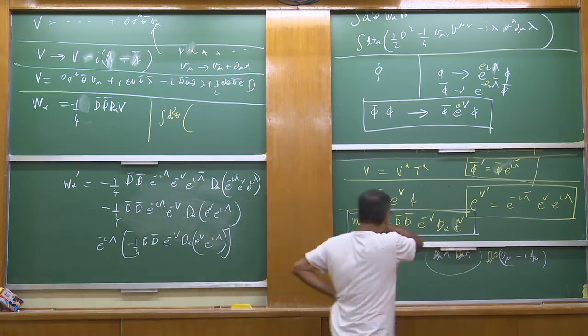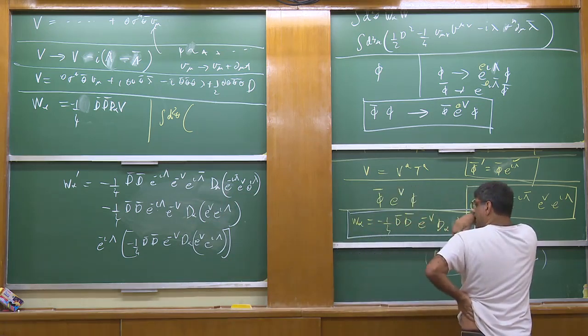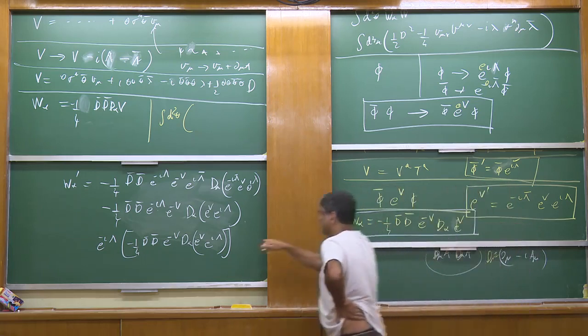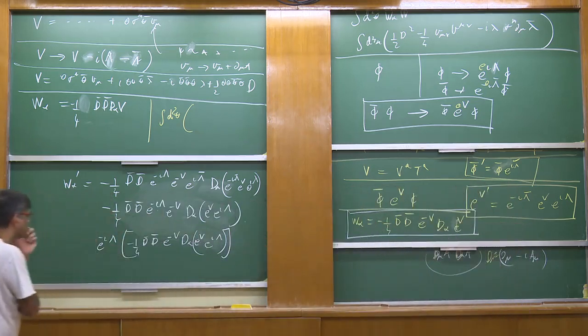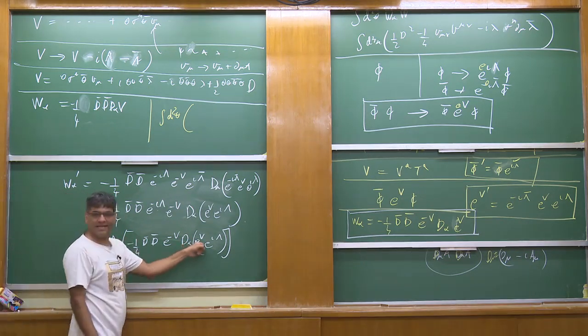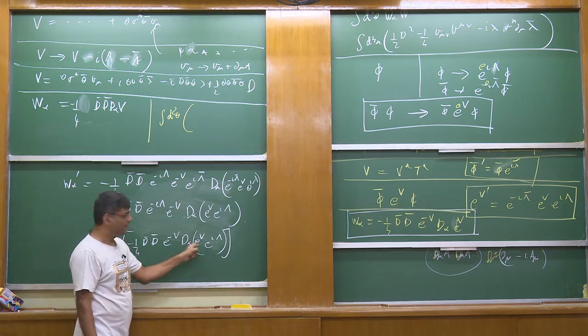It looks like exactly what we want. Yes, this extra term is the only one that's bothering us, right? So one term is what we want when this guy hits this, and then there's this extra term.